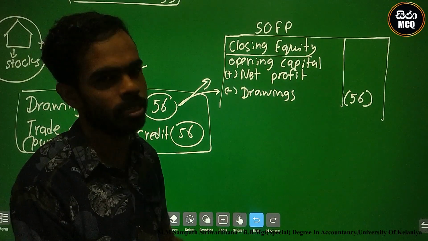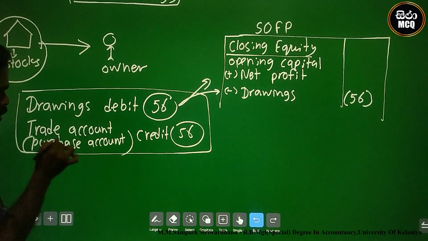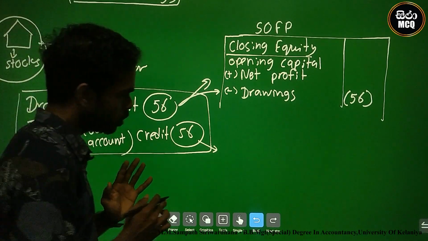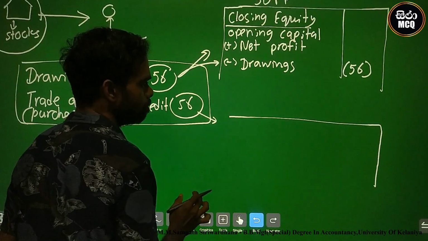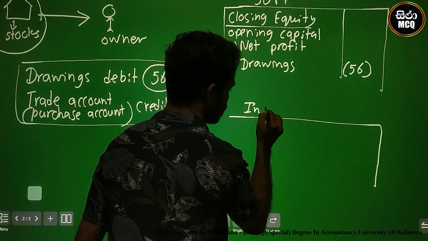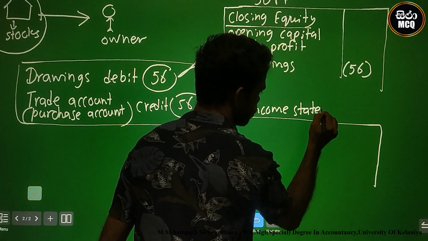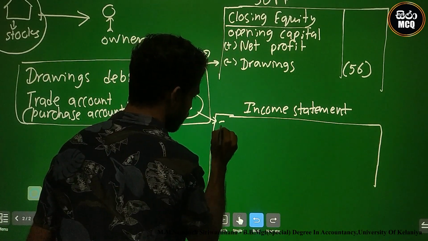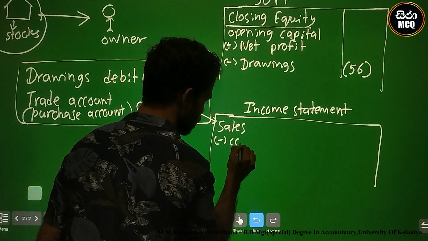Why? Because this is the SOFP, the statement of financial position. Therefore, I go to this other short. Look here, the trade account. Trade account means the purchase account. In preparing the income statement, what are the elements? Sales minus cost of sales.